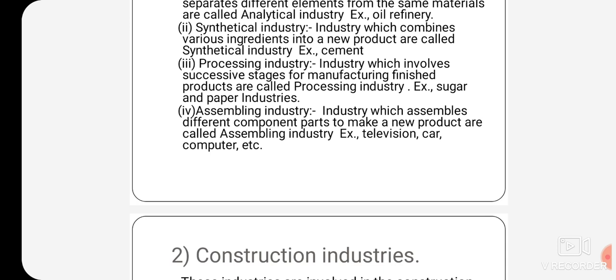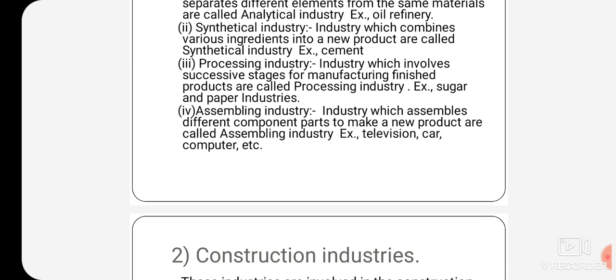That means for producing this mobile, we are using different components, and these different components we are purchasing from different manufacturers. For example, mobile and battery. So mobile is manufactured in one country, but that battery is taken from different countries.